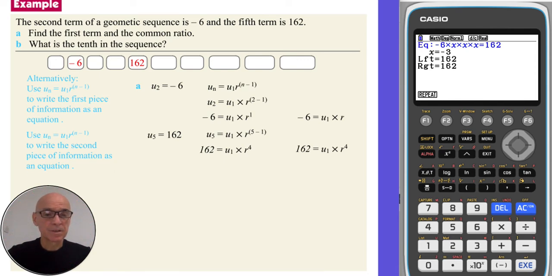To solve this pair of simultaneous equations, we can divide the bigger equation by the smaller equation, as shown here, and then cancel down, first cancelling the u1s, and then the r's, giving negative 27 equals r cubed.